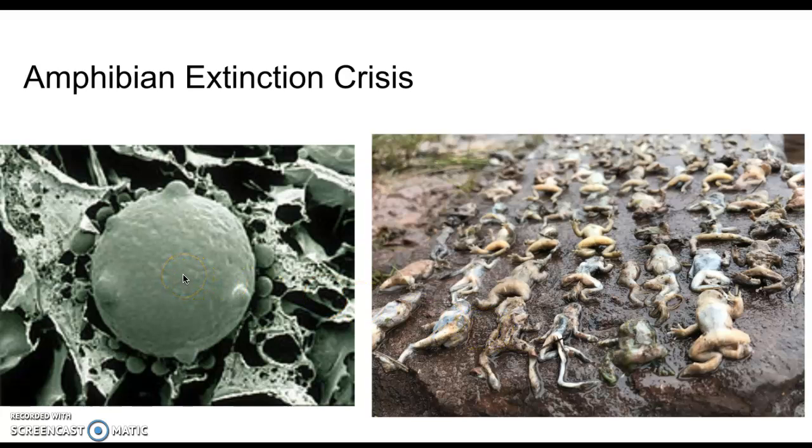Pollution in the earth is also filtering through their skin and poisoning them. And the climate change, the warming and cooling of the climate, and the changes in temperatures, because they're ectotherms, causes a significant impact on their livelihood, as well as habitat loss.